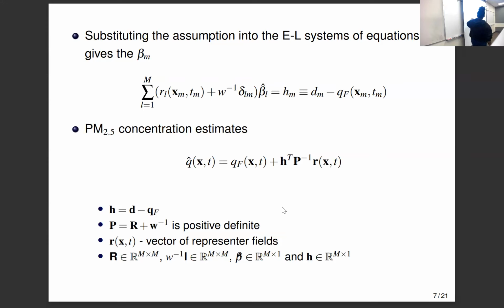P is equal to the sum of the representer matrix plus the observation covariance, and this is a symmetric positive definite matrix. R is the vector of representer fields, and those are the various dimensions.